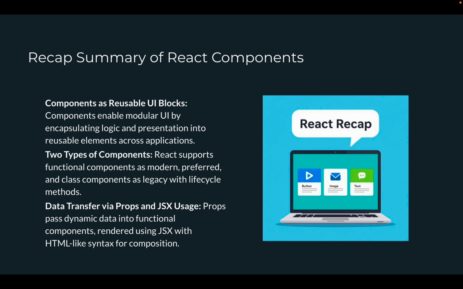Two types of components: React supports functional components as the modern preferred approach and class components as legacy with lifecycle methods. Data transfer via props and JSX usage: props pass dynamic data into functional components, rendered using JSX with HTML-like syntax for composition.